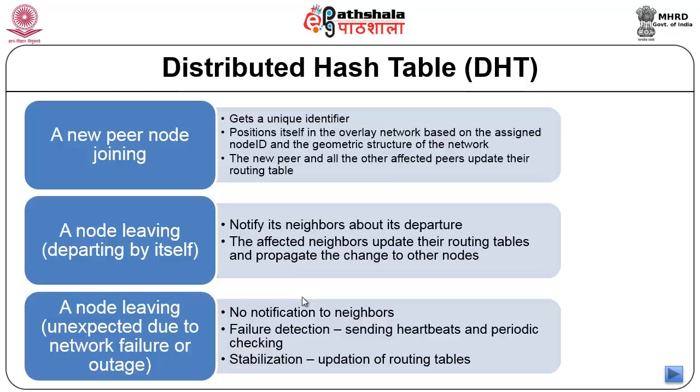So when through the discovery mechanism, one node discovers that this particular node is not responding, they conclude that the node has failed. Once the failure is detected, the same process as the premeditated node leaving mechanism can be used, and updating of the routing tables can happen.